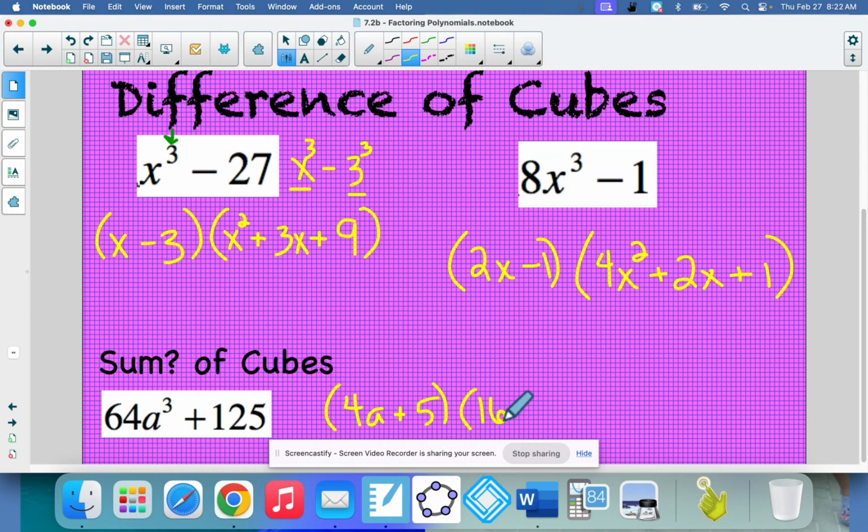So it's going to be 16a squared. And then these two multiplied by each other would be 20a. So minus 20a because it's the opposite sign. And then the last one's always positive. And so the 5 squared would be 25. And again, to check it, you can certainly FOIL it out. But that concludes our first video.